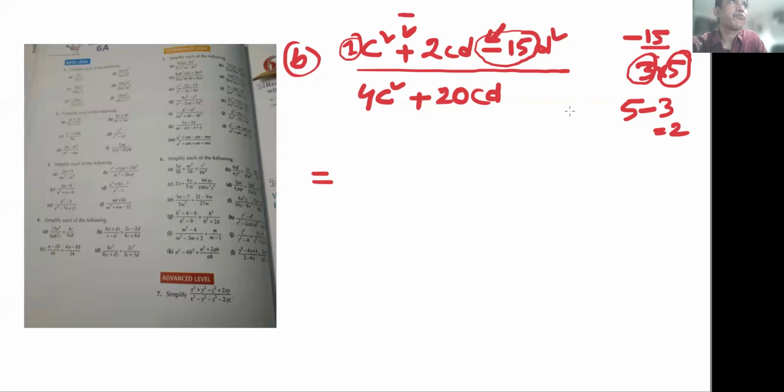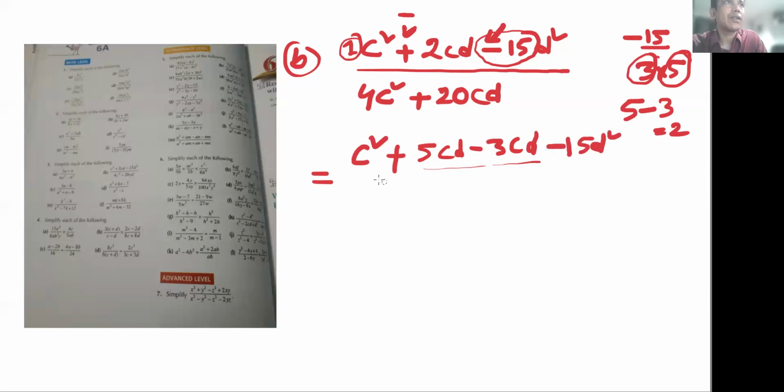So we can write C square plus, instead of 2CD, we can write 5CD minus 3CD, since 5CD minus 3CD equals 2CD. Then we write minus 15D square.